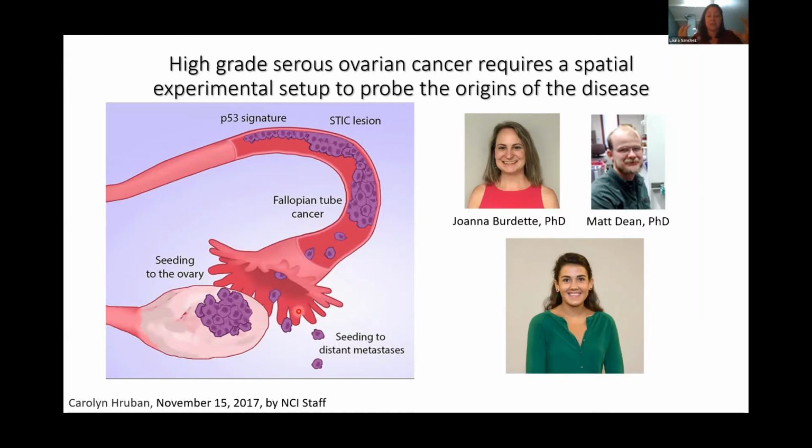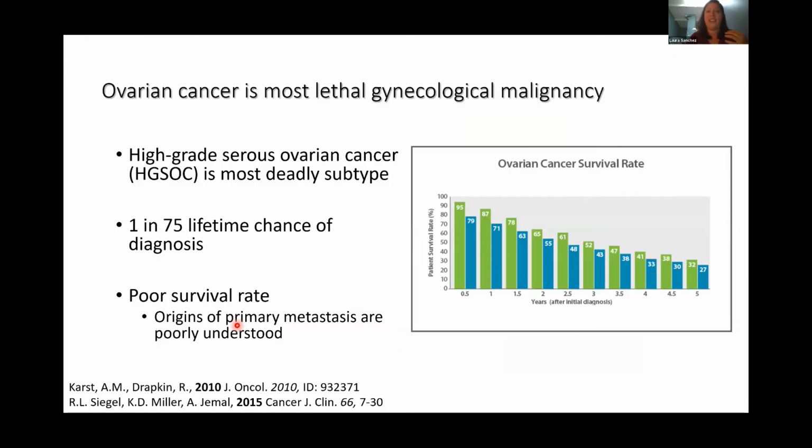So really this is a spatially driven question, because this is also kind of the wrong way. Normally things come out of the ovary into the fallopian tube, not leave the fallopian tube to head to the ovary. And so again, we wanted to know what really drives this, and can we intercept this interaction before physical tumors occur on an actual ovary, because that's what you want to prevent, because ovarian cancer is the most lethal gynecological malignancy.